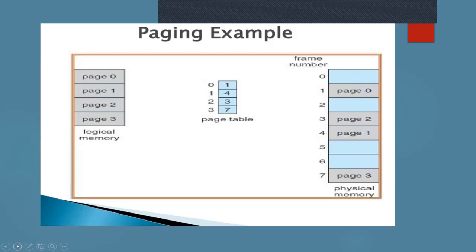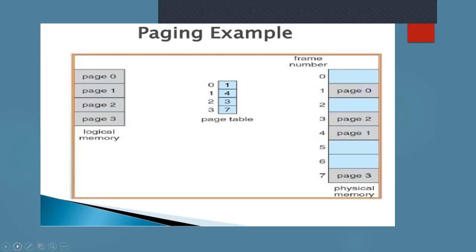In 1, you will find page 0. Again, page 1 is mapped in the frame which is marked as 4. In 4, in physical memory, page 1 is found.